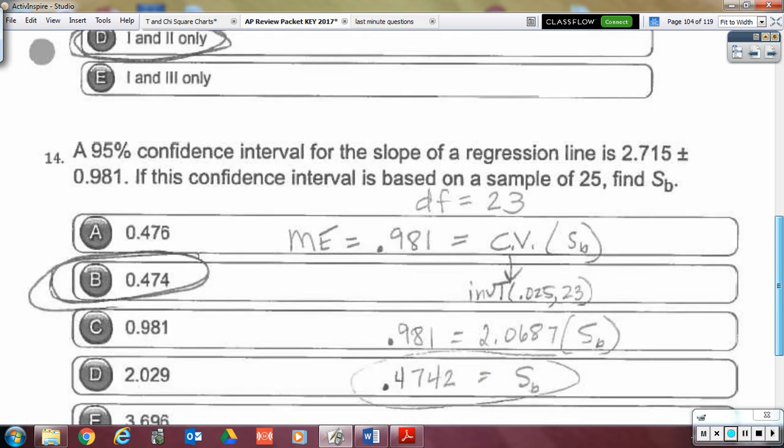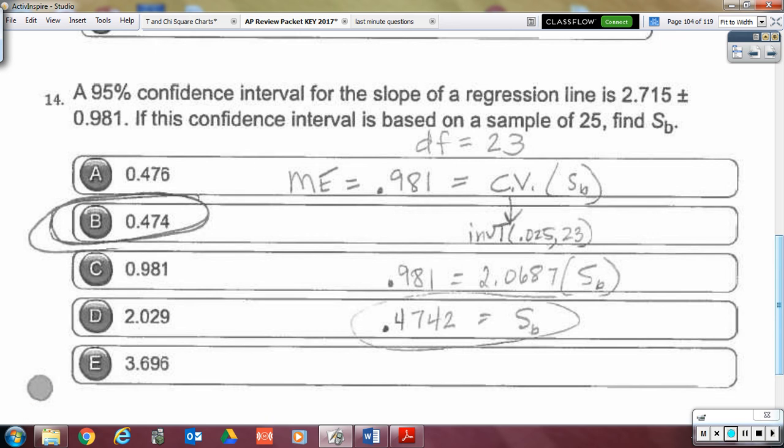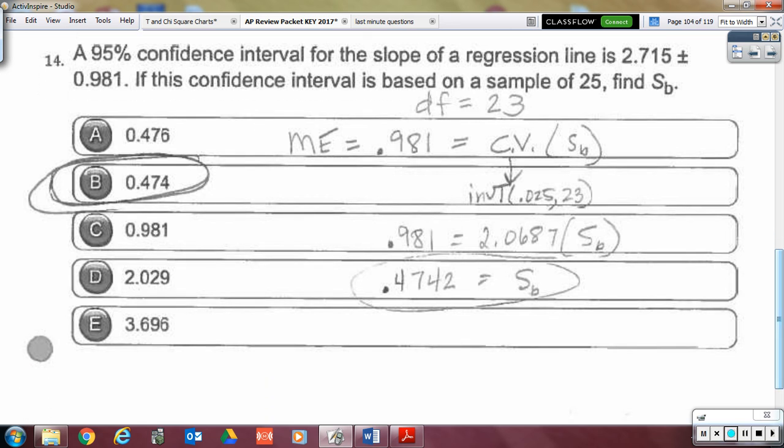Okay, next. Okay, here's another one. We did something very similar to this on a test earlier in the year where this flipped a lot of people out. So guys, if you have got this presented to you, 2.715 plus or minus 0.981, you can create the interval, and the interval is not 0.981 to 2.75.